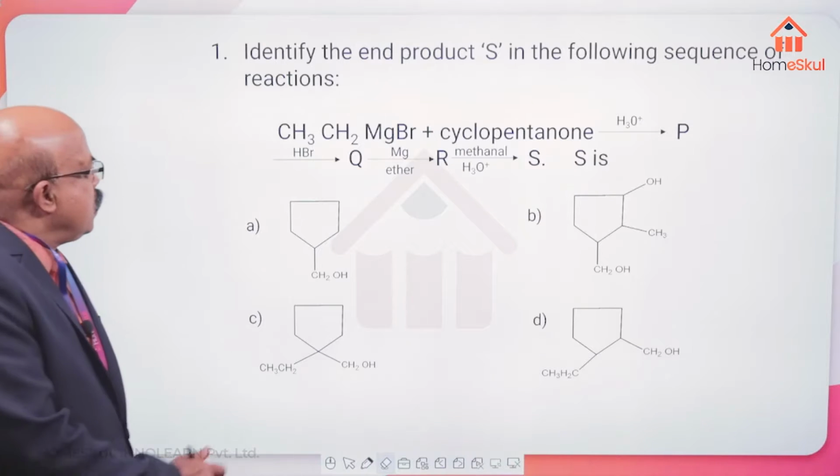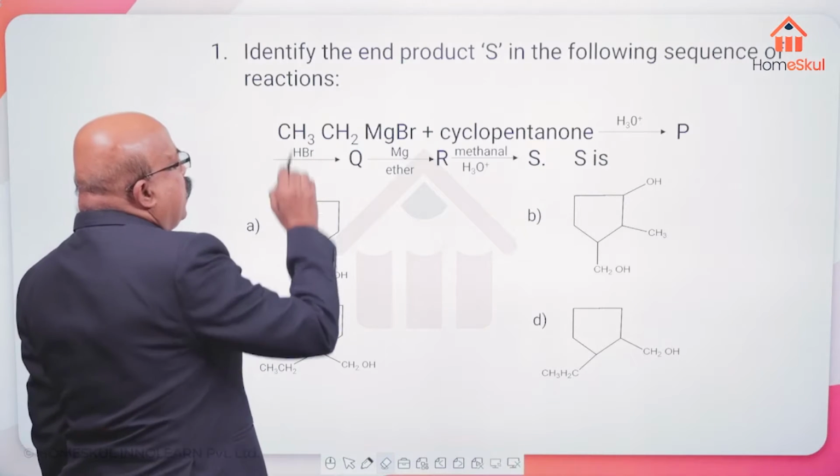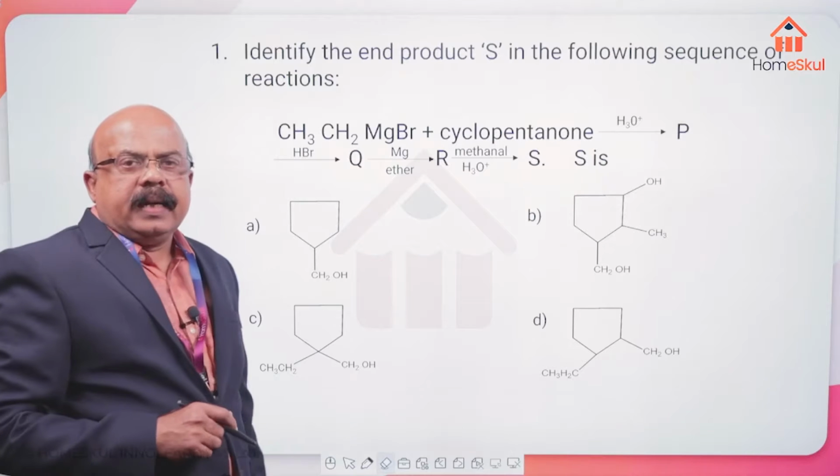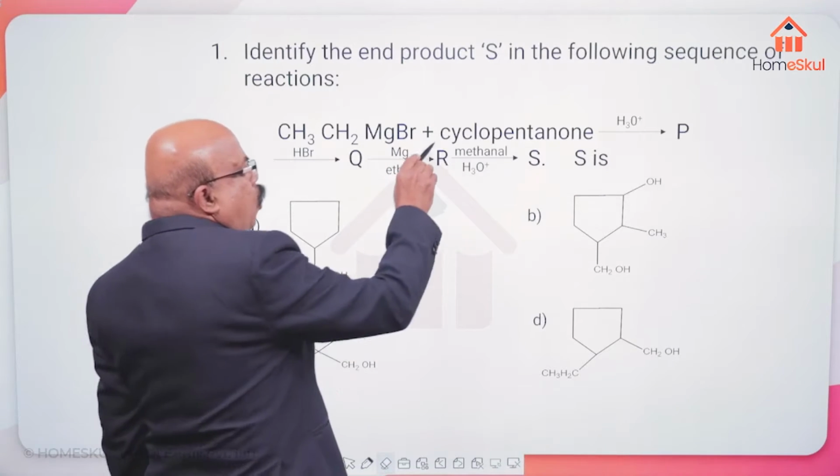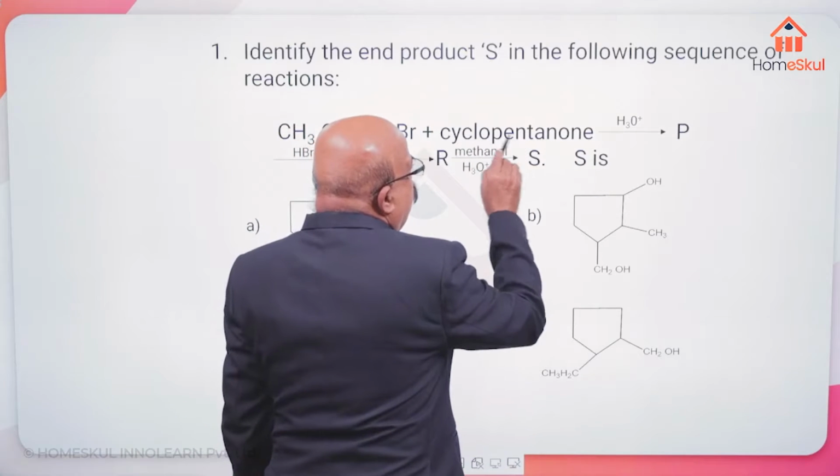Reaction is CH3CH2MgBr, that is a Grignard reagent, treating with cyclopentanone. Cyclopentanone is a ketone.